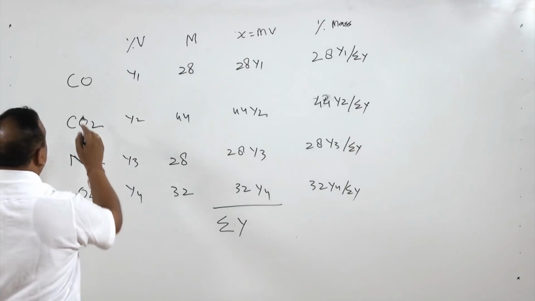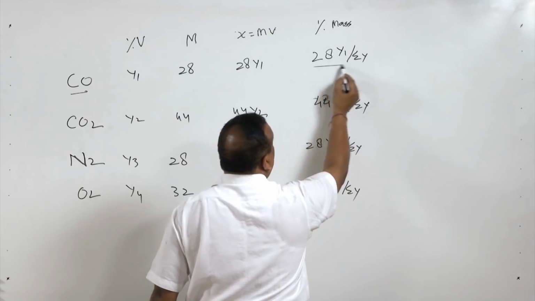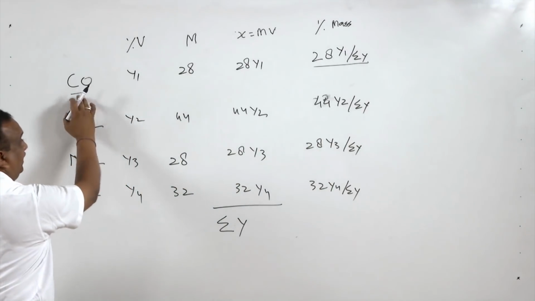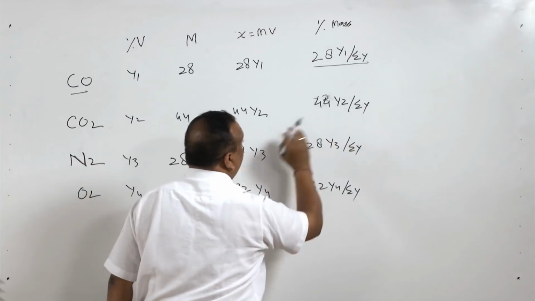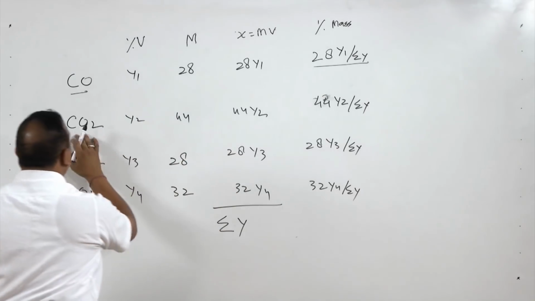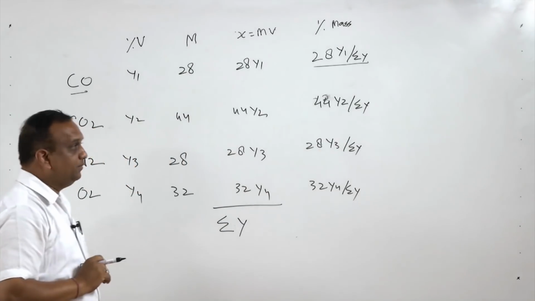So in exhaust gases per kg, this divided by 100 is kg of carbon monoxide. This divided by 100 gives the value of carbon dioxide. Accordingly, nitrogen and oxygen can also be taken.